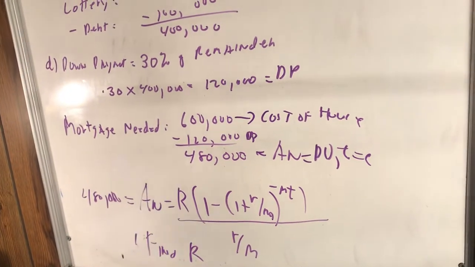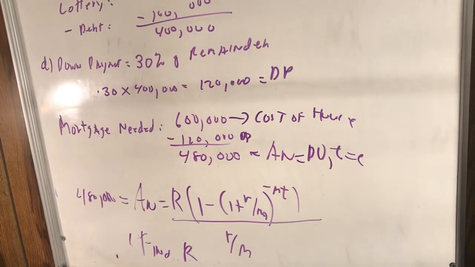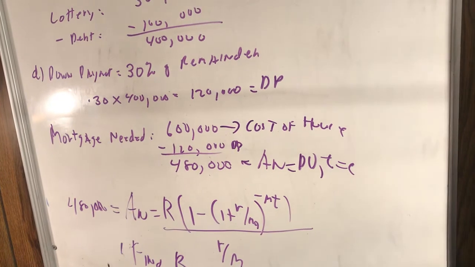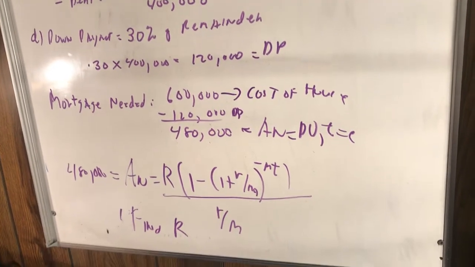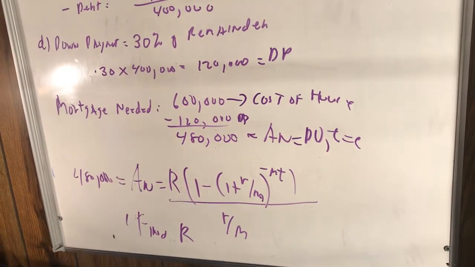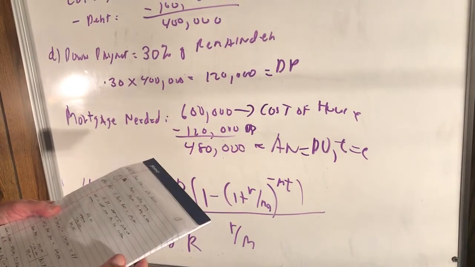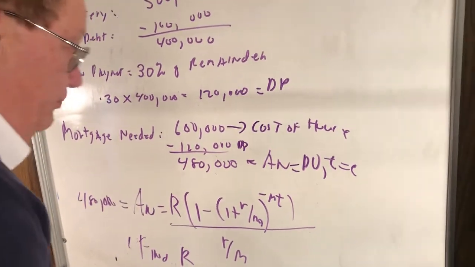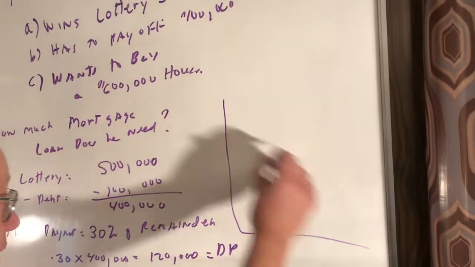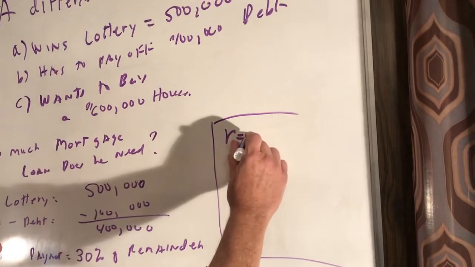Now we did this already, so I'm not going to do it for you. I will set it up. What he can get is a 6% mortgage.